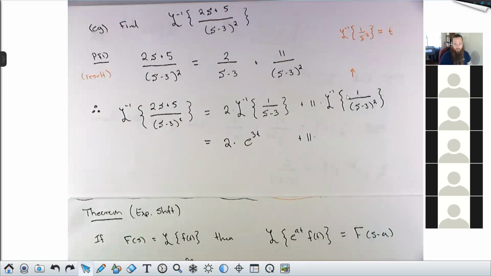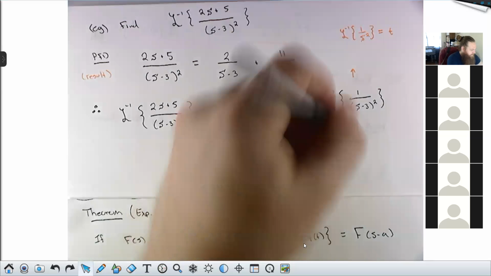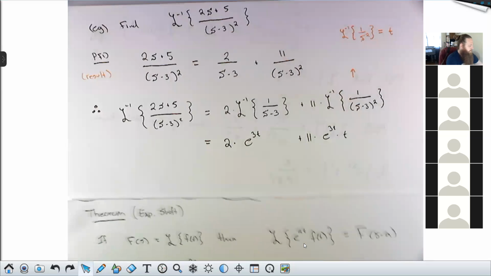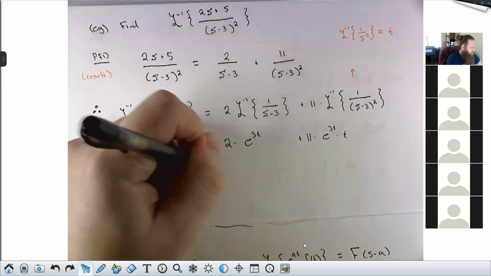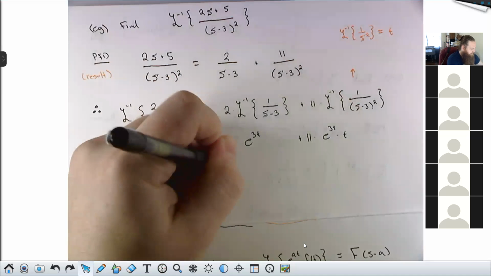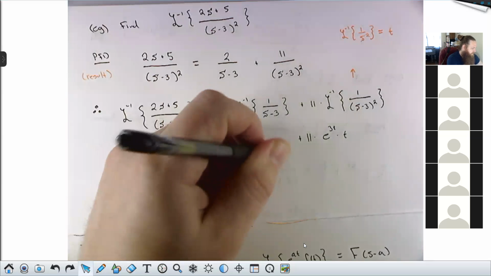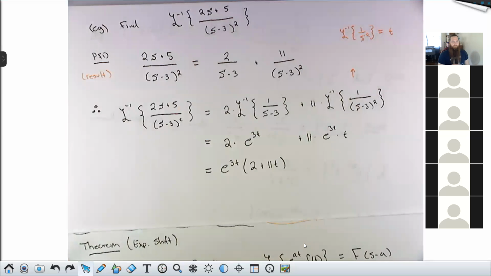So for the inverse Laplace transform of this, my little f of t is t, and my exponential is e to the 3t. This would be 11 times e to the 3t times t. In other words, factoring out e to the 3t, you get 2 plus 11t left over. So that would be the inverse Laplace transform of this function.